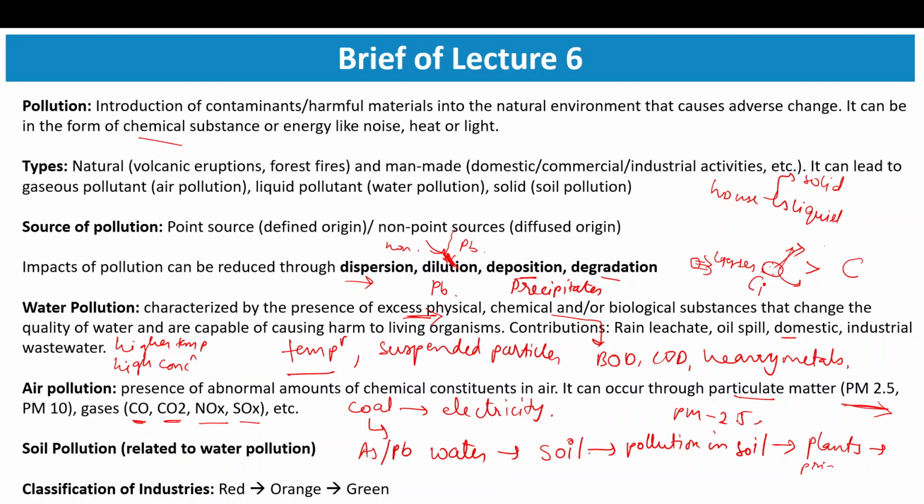Now, there are various types of industries. For example, if you talk about the paper which you are using, then obviously there will be an industry behind it, which is the pulp and paper industry, where paper is made from wood, right? So wood is cut and later it is transformed into the final product, which is paper.